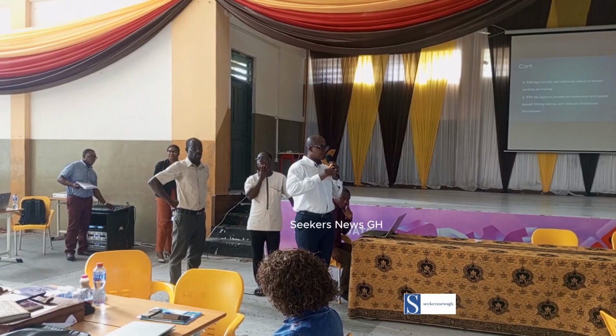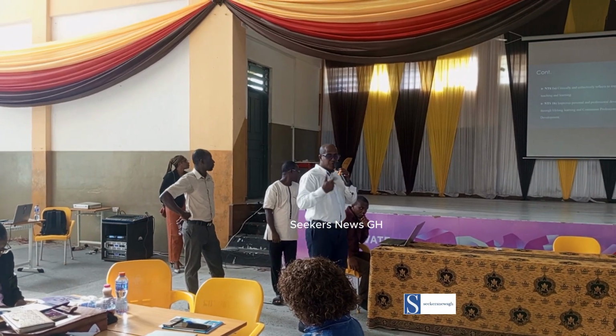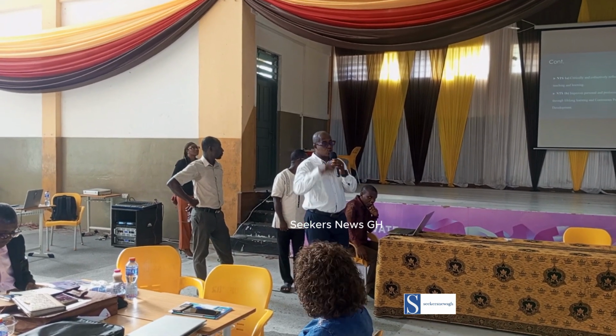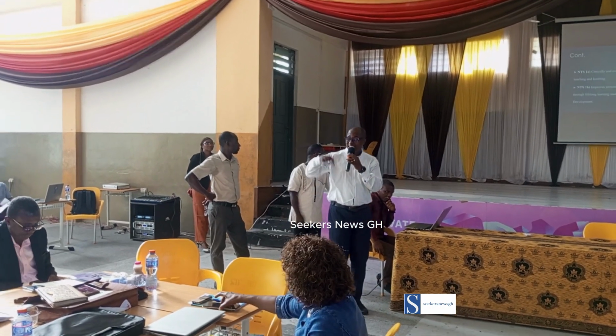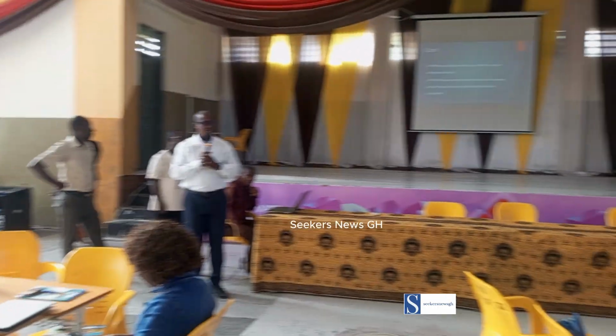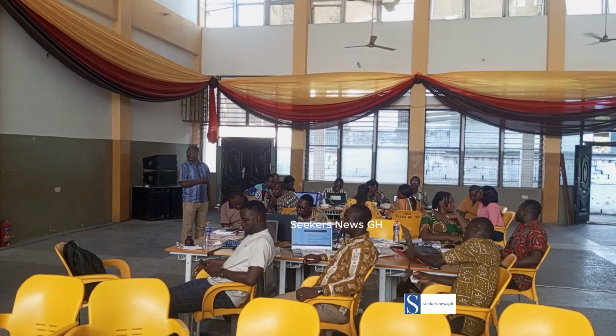So let's have two things: one, improving teaching and learning, and the other, targeting B. Let us link it to these standards. Let's have two submissions on teaching and learning.